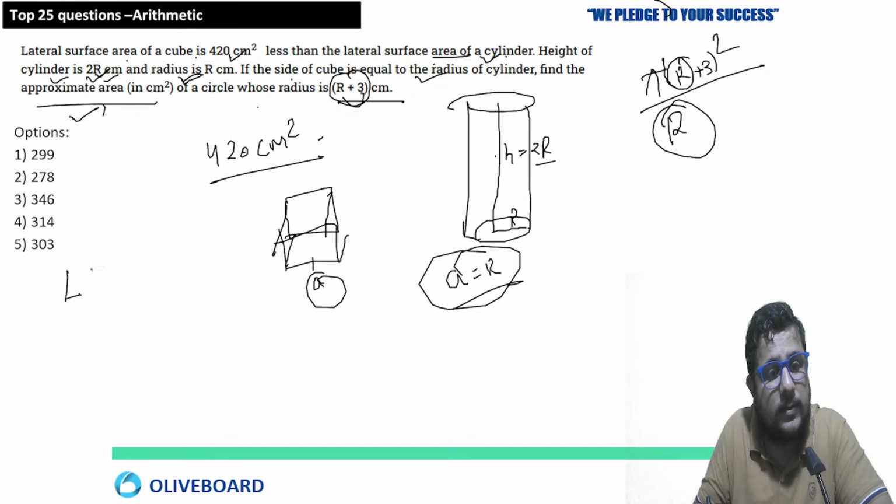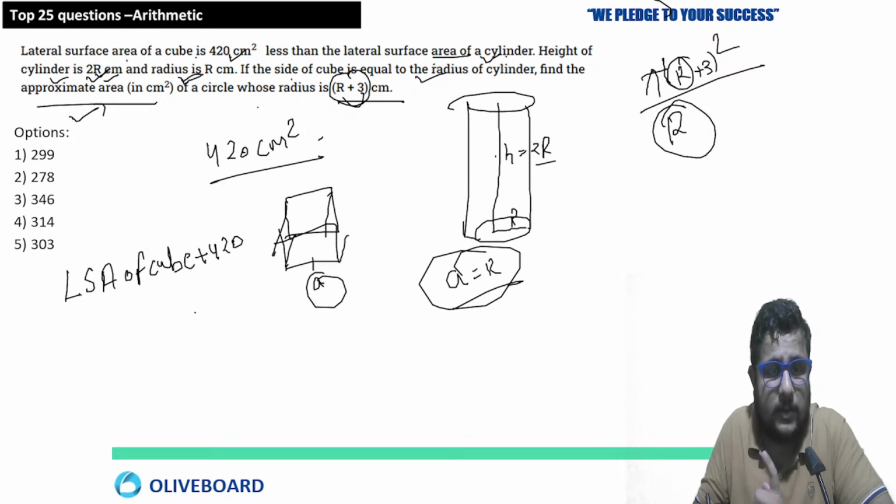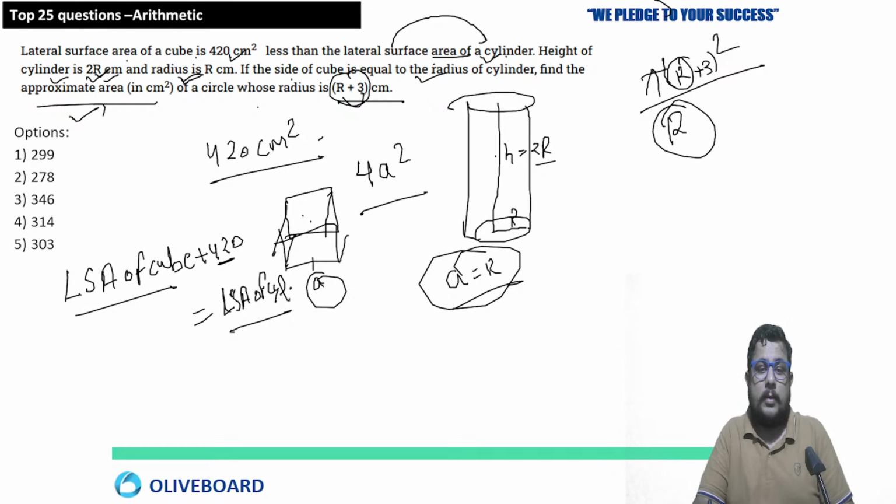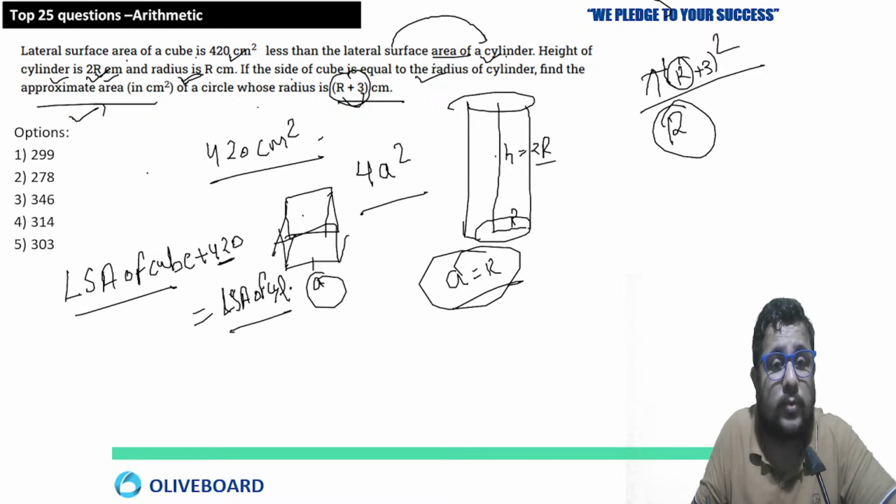LSA of cube plus 420 will be equal to the lateral surface area of the cylinder, LSA of cylinder. Clear? So the lateral surface area of the cube is 4a square. The total surface area of a cube is 6a square, and lateral is 4a square.